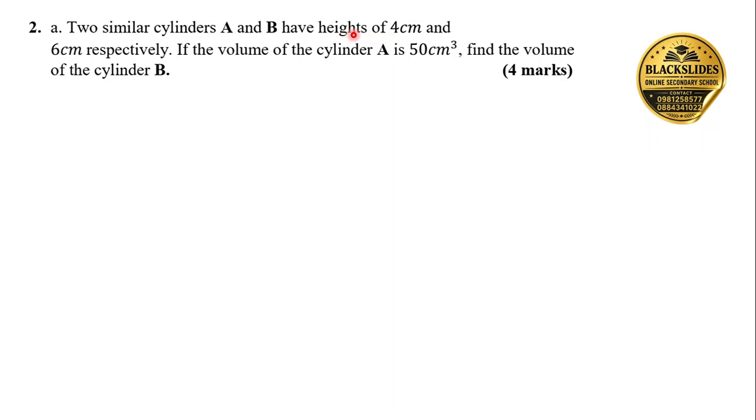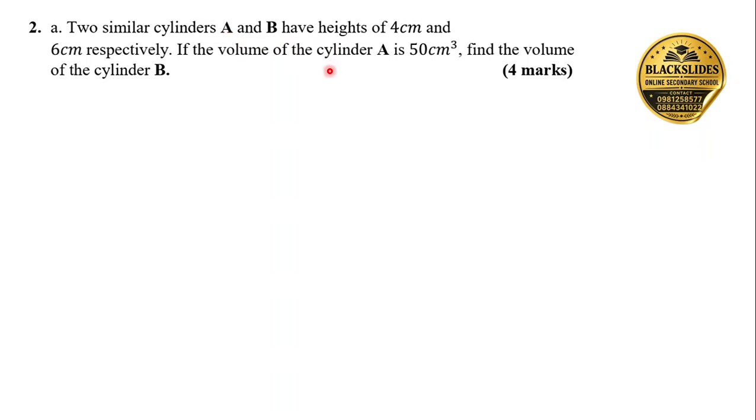So the one that has smaller height, which is A, has a volume of 50 cubic centimeters. By how much is the volume of B bigger or greater than the volume of A?